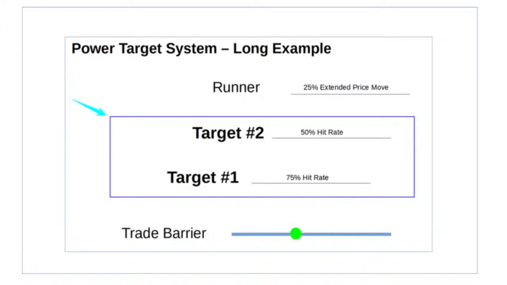So the ideal trade configuration, if we're going to start off with the micros, is 4 contracts. 2 come off at target 1, 1 comes off at target 2, and the final contract is held as a runner.